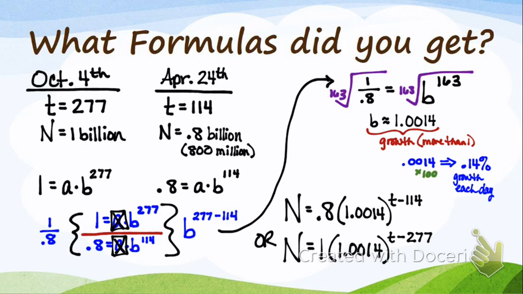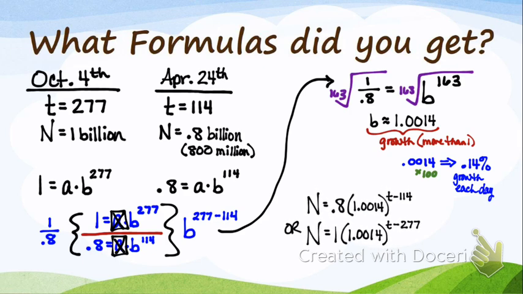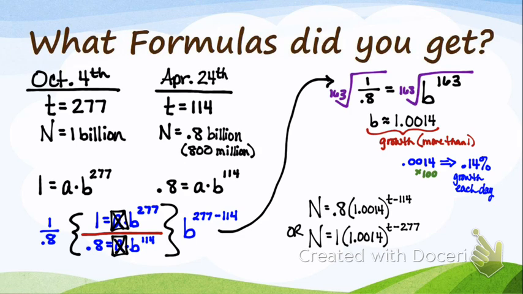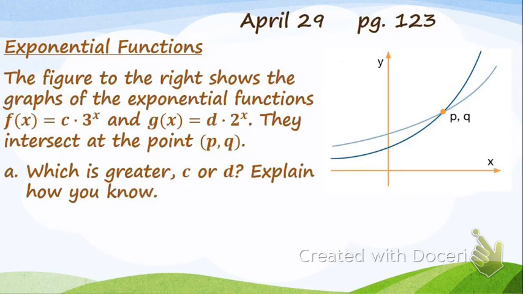All right. With our last couple minutes, I want you to flip 2 pages forward. So page 123. Exponential functions, which is what we've been talking about. And so this is what I have drawn here.